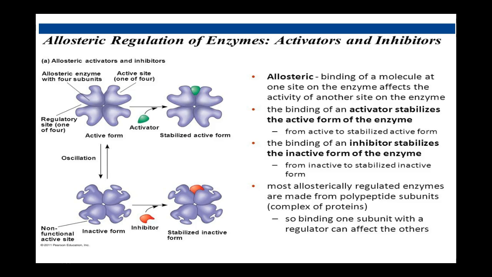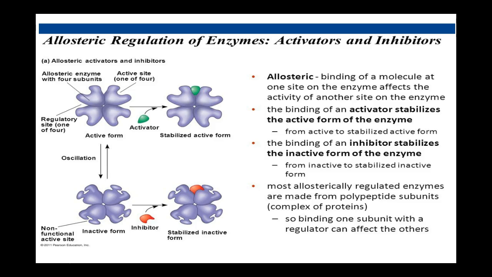That would speed up, not the rate of the reaction, but how many of them take place. Or you can have an inactive form that stabilizes the inactive form. So this oscillation back and forth, and the activators and inhibitors, can regulate how much of a substrate is made.